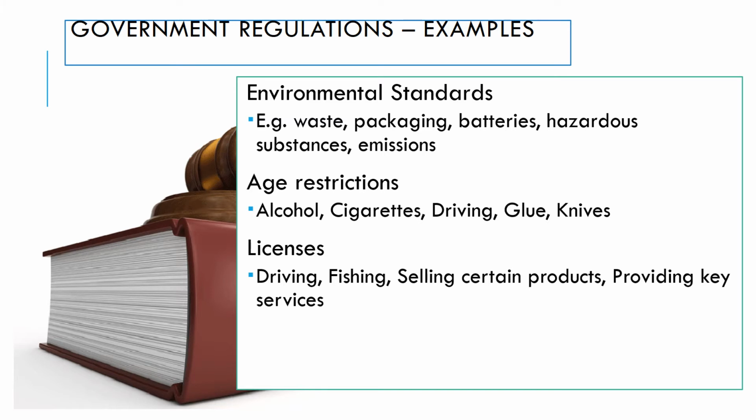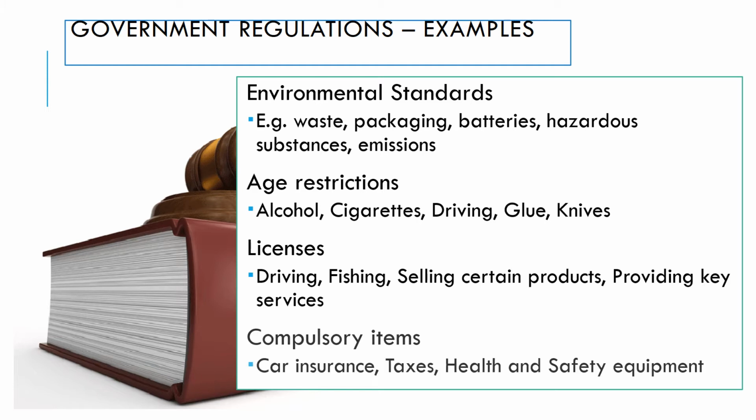Making people or businesses require licenses in order to operate can be an example of a government regulation. Making certain things compulsory, like car insurance or paying tax or health and safety equipment, again can help reduce some of the market failure outcomes.